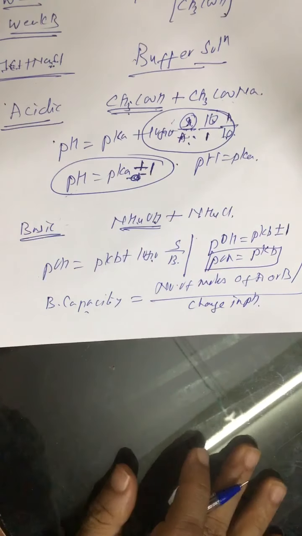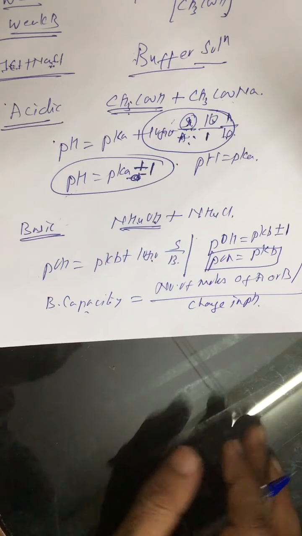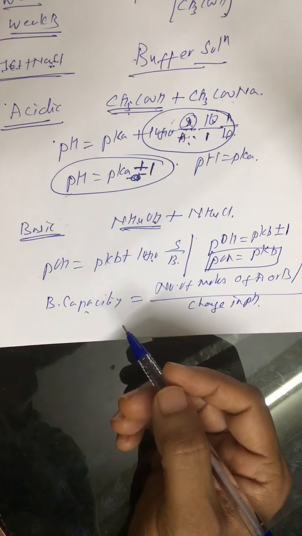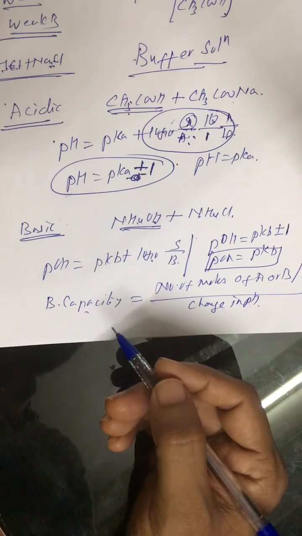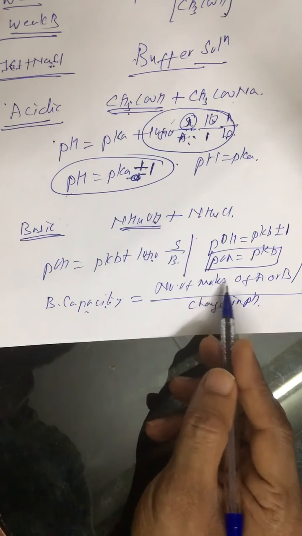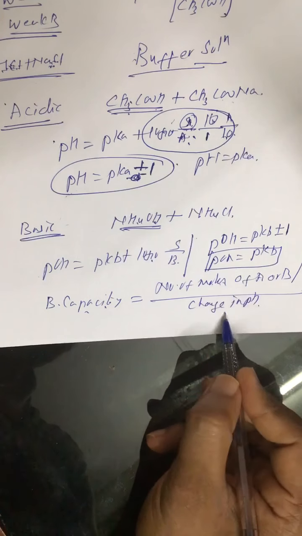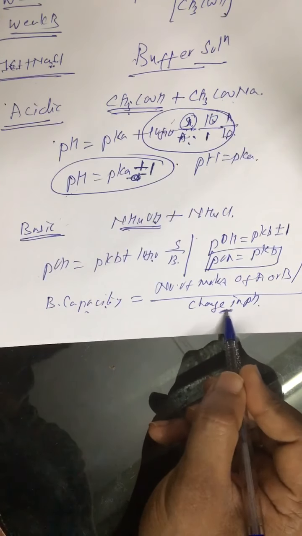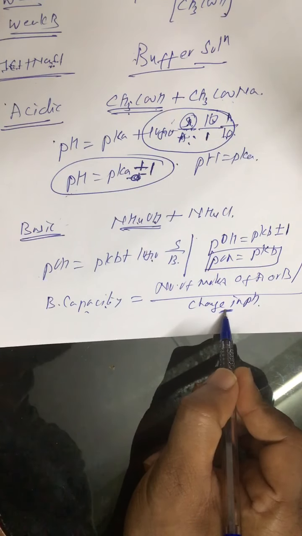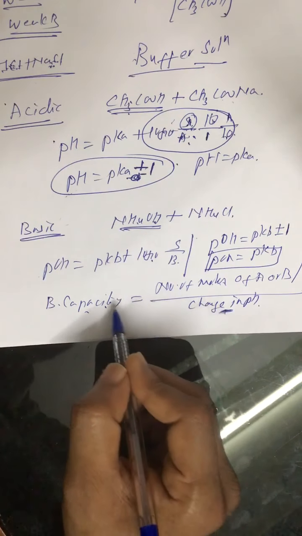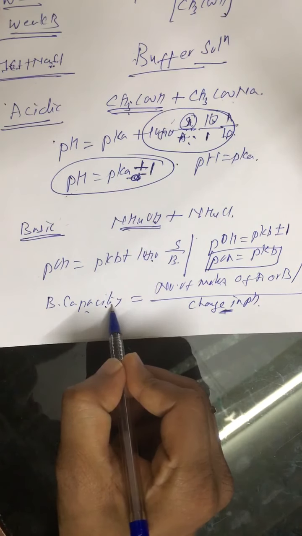So the greater the buffer capacity, the better the buffer is. It means we are adding more and more moles of acid or base to the buffer solution, but we find there is no change or only a slight change in pH. That means it is a very good buffer. So the higher the buffer capacity, the better the buffer is.